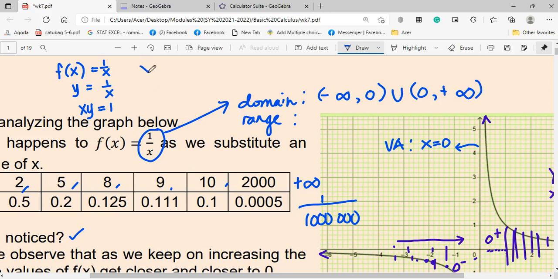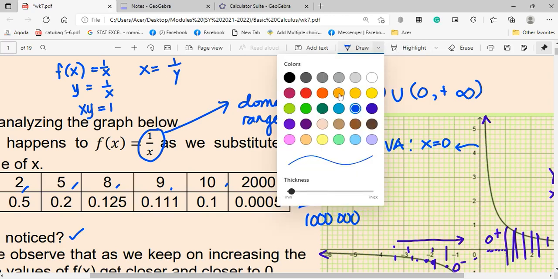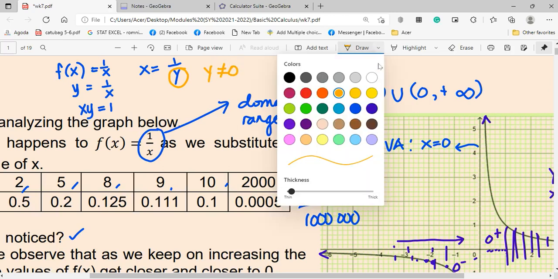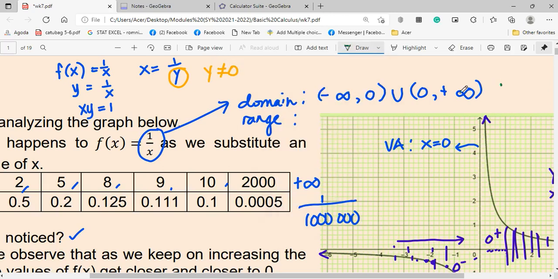So, ibig sabihin, x is equal to 1 over y. Just for you to know, okay, para daw malaman mo kung ano yung bawal na gamitin na value ng y so that x is defined. Meaning to say, y should not be 0. So it means, class, therefore, that the range of f of x is equal to 1 over x is a set of all real numbers excluding 0 or just except 0.